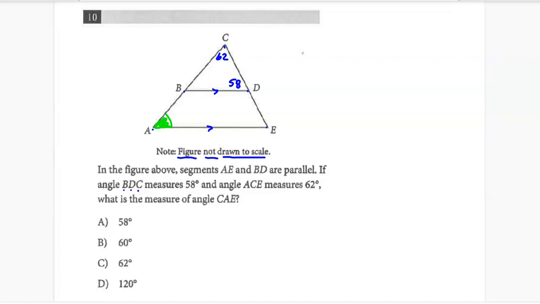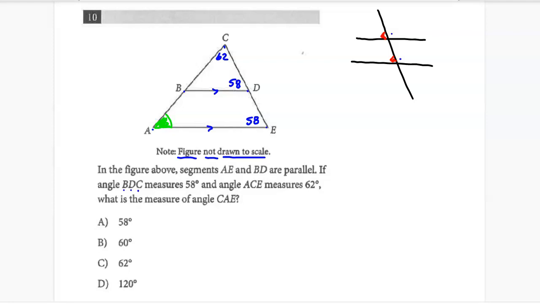What we need to understand is that because of the parallel lines, when you have parallel lines and a transversal cutting down, this angle needs to equal this angle. And this one needs to equal this one, and they're all corresponding angles. They're in the same position. So we can translate or slide this 58 down to this corner because they're both making the same angle with the same line.